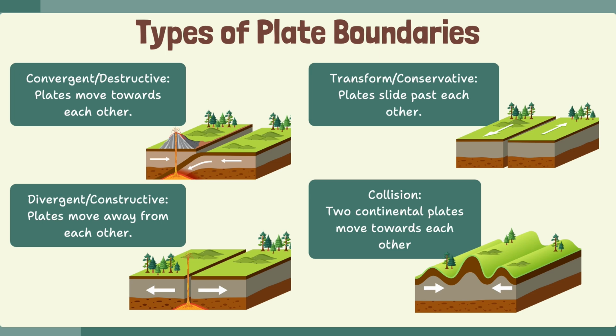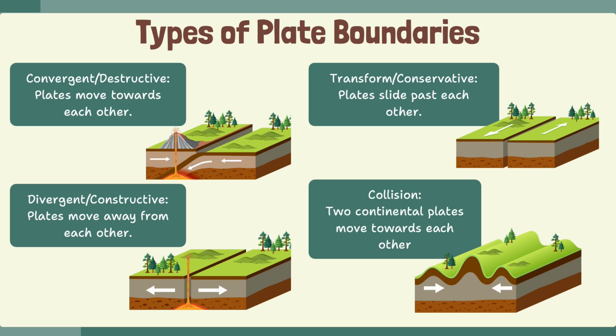But anyways, the first one is the convergent or the destructive. Something that is converging is coming together, and so the plates are moving towards each other. But then why does it have the term destructive, if that's the case?